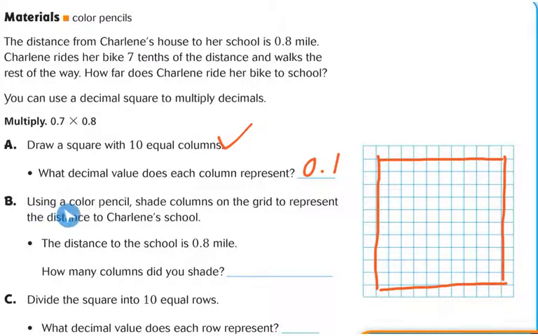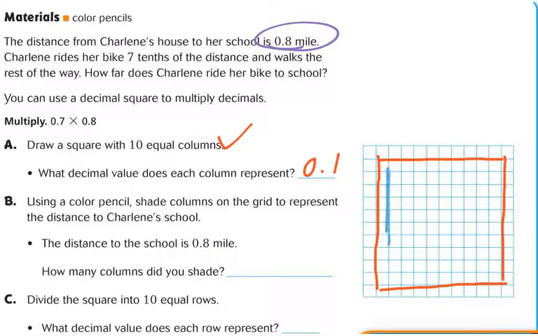Next, using a color pencil, shade columns on the grids to represent the distance to Charlene's school. So the distance to her school, if we go back up to the original problem, is 8/10 of a mile. So what we're going to do, boys and girls, is we're going to shade 8 columns. We're going to use a color pencil to shade 8/10.